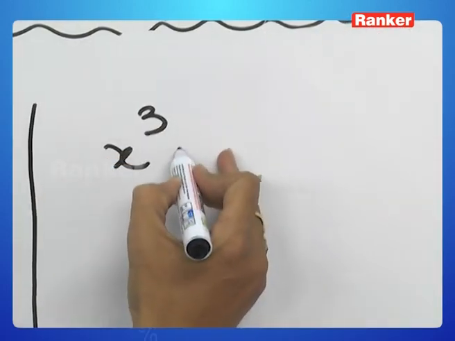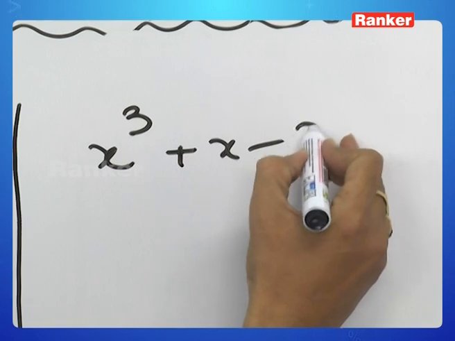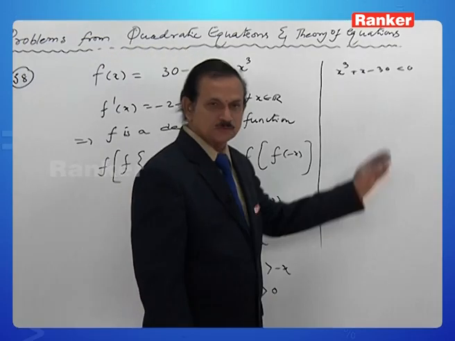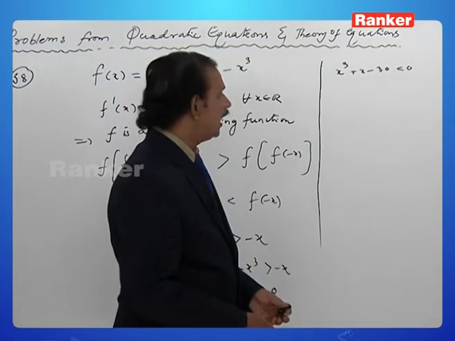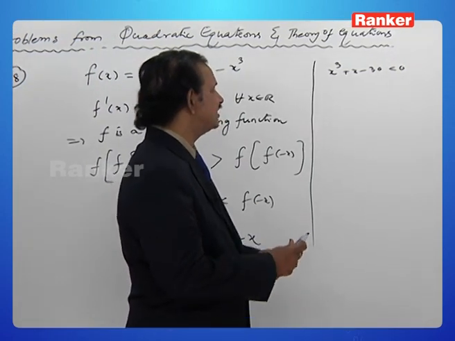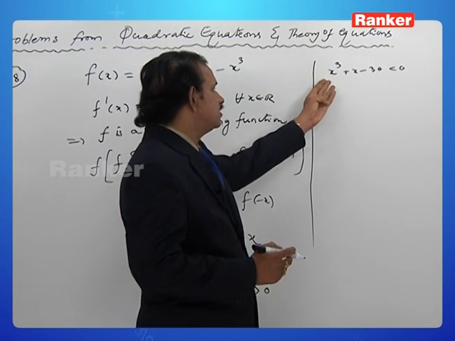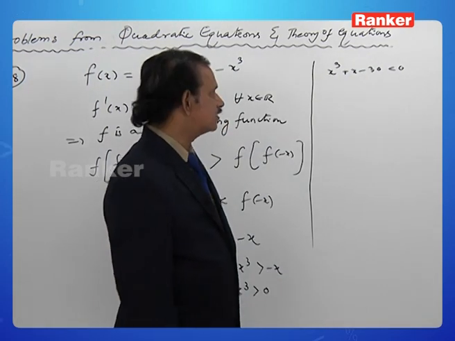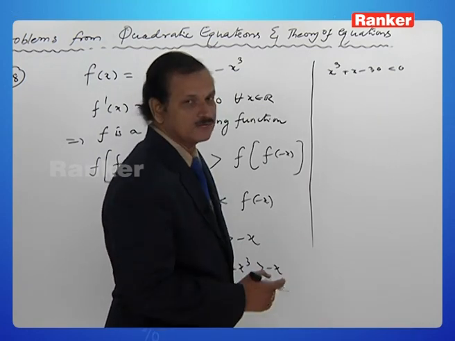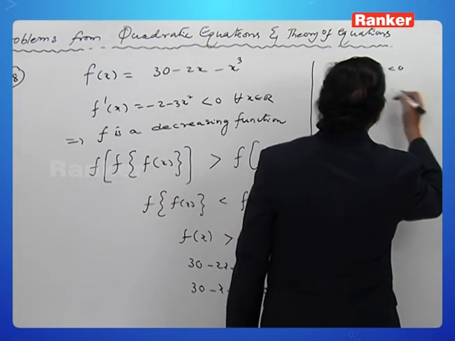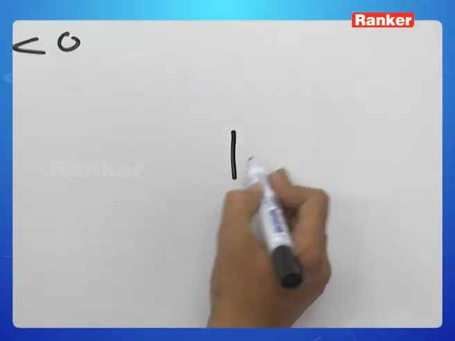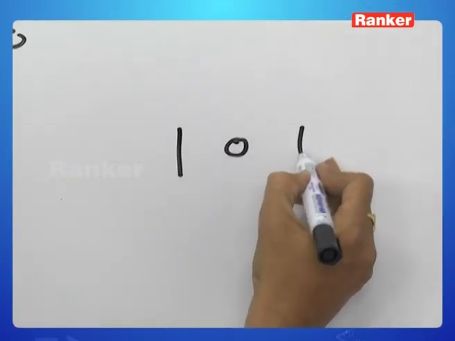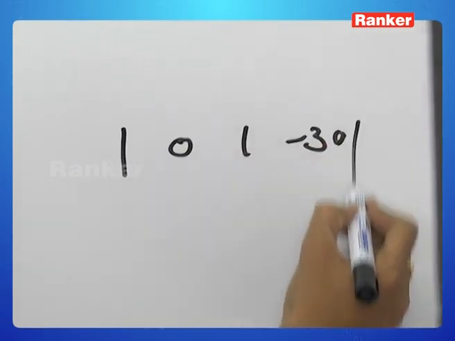X cube plus x minus 30 less than 0. X cube plus x minus 30 is less than 0, and it is an easy matter to see that x equal to 3 satisfies the equation x cube plus x minus 30 equal to 0. Therefore, x minus 3 will be a factor. To find the other factor, an easy method is the synthetic division style, like this.